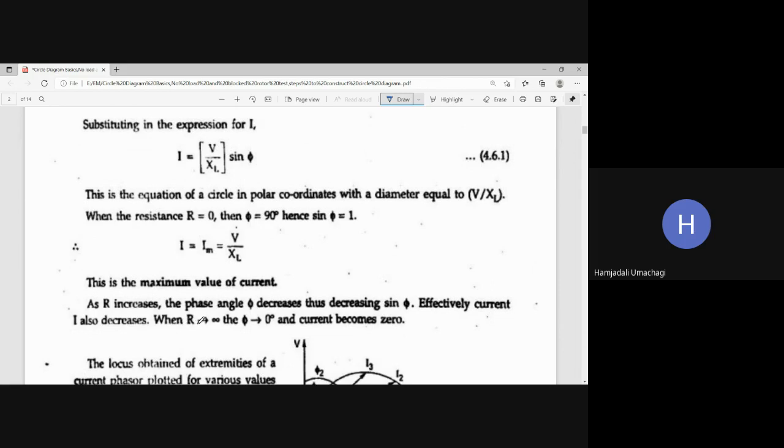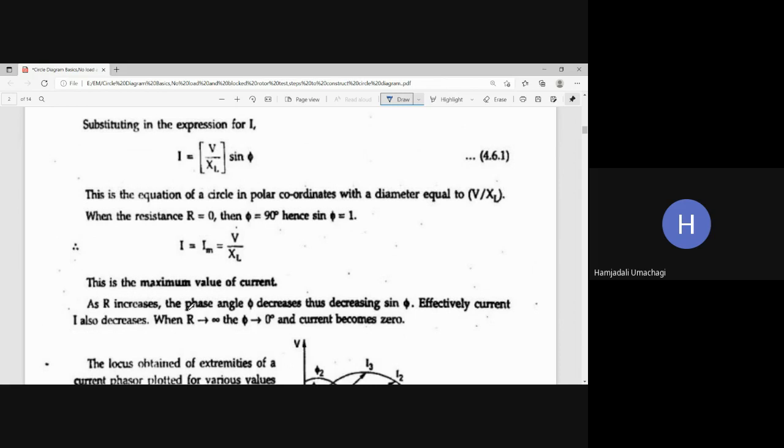When resistance R tends to infinity, if resistance is too high, the phase angle keeps on decreasing and becomes equal to 0. Now sine 0 is 0, so if sine 0 is 0, then automatically current will be 0.